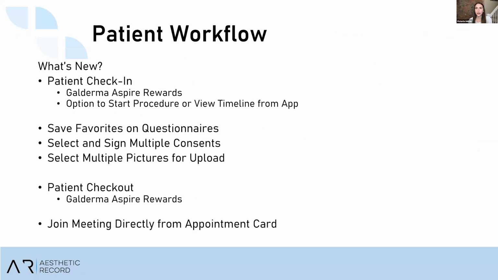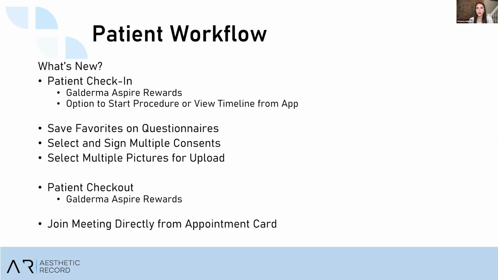So patient workflow through the app. A few new things that we're going to go over: how to become a member with Aspire Rewards through the Aesthetic Record app. We've also made it a little bit easier to just go straight into your patient's profile. So from the checkout or check-in screen on the app, you can click view profile and it'll take you straight there.